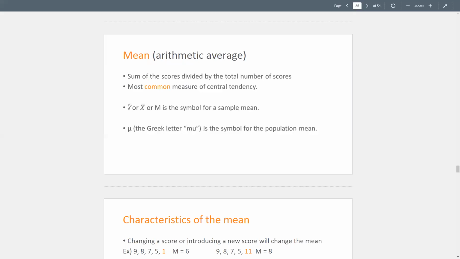Different books will use Y bar, X bar, or just an M to represent the sample mean, and we'll use the Greek letter mu to represent the population mean. Typically in statistics, we use Latin characters like Y, X, or M to represent sample values, and we use Greek letters to represent population parameters. So mu would be a population parameter, the population mean.